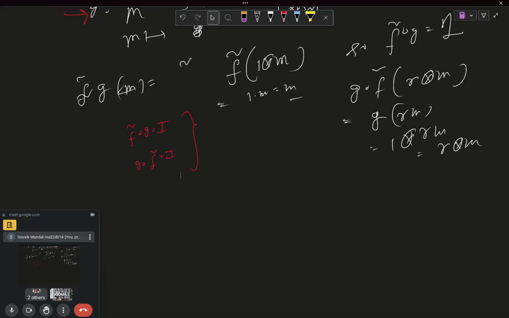Sir, actually, to show this type of isomorphism, R tensor M isomorphic to M, we need to find a bijective function, as we have done in other isomorphisms.